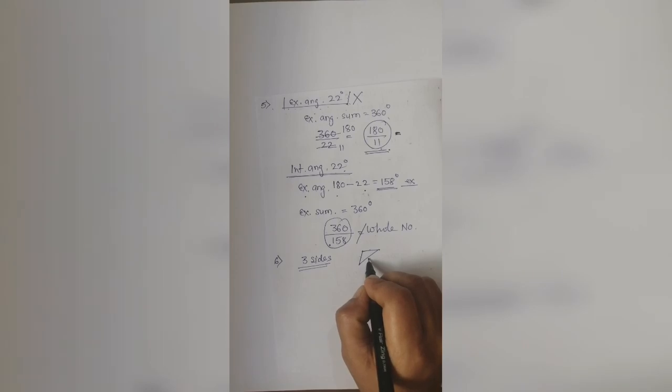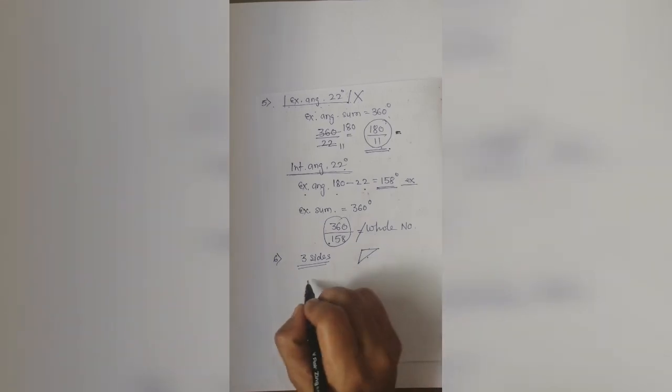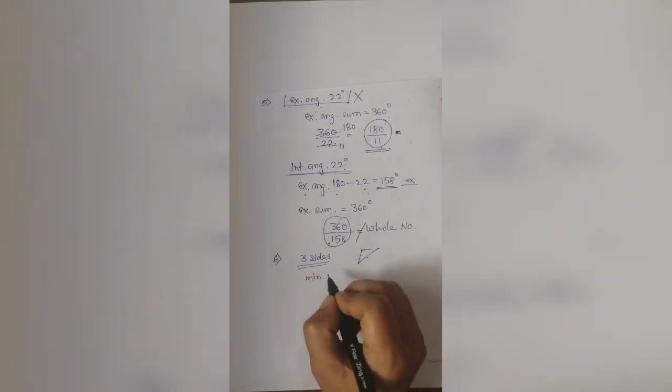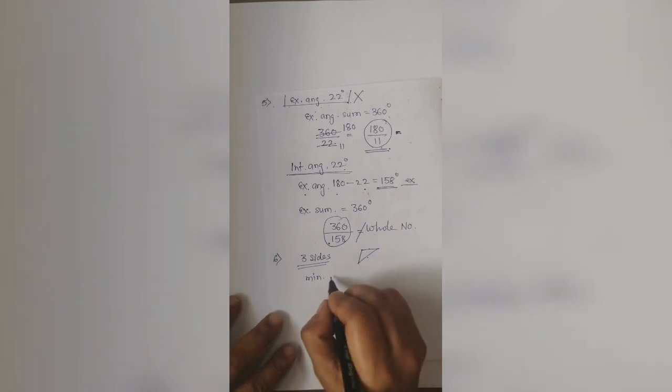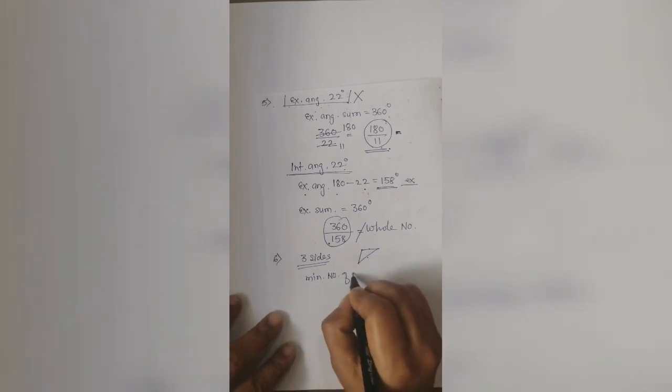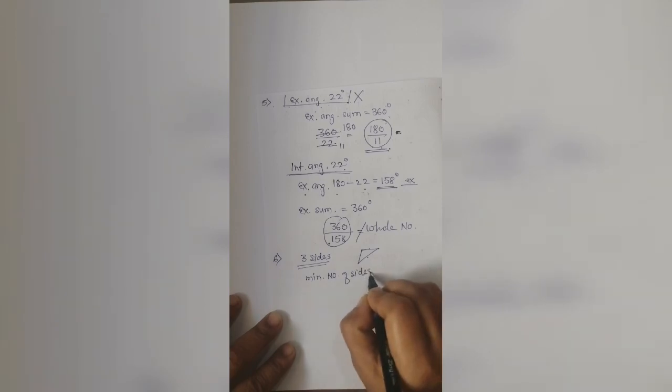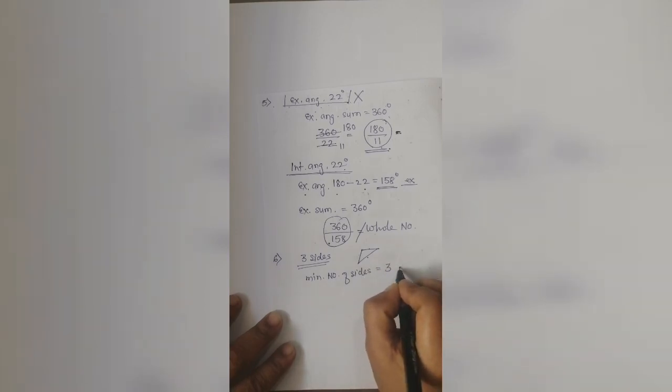The minimum number of sides is equal to 3.